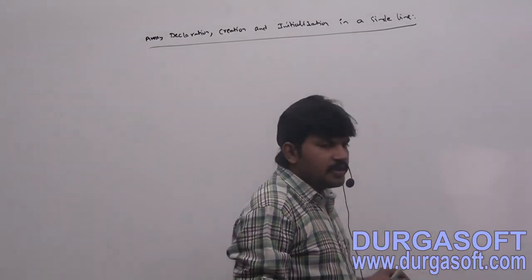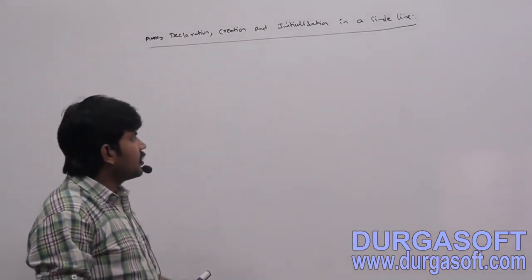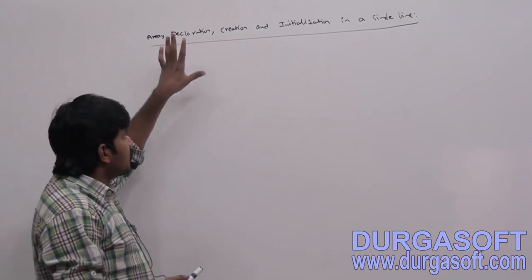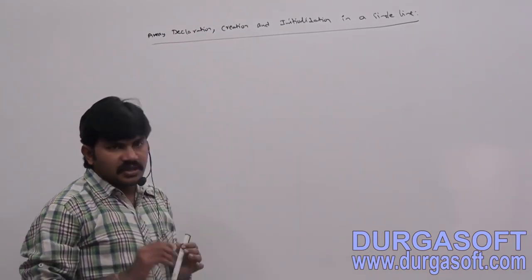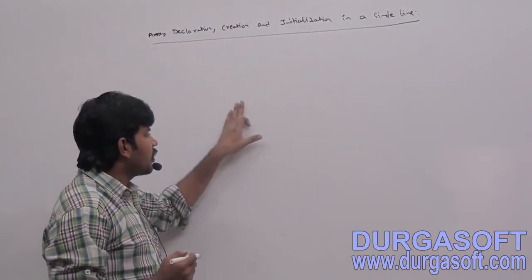We observe it is one shortcut representation for us. You can declare, create, and initialize in a single line. It is one shortcut representation, right?